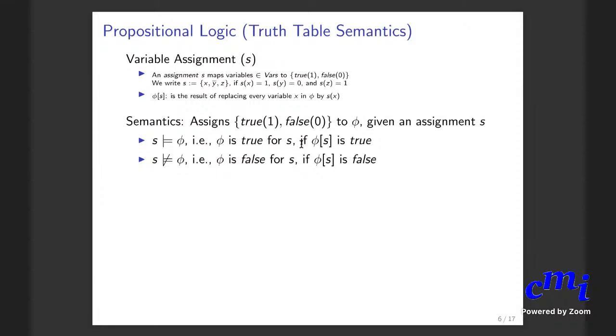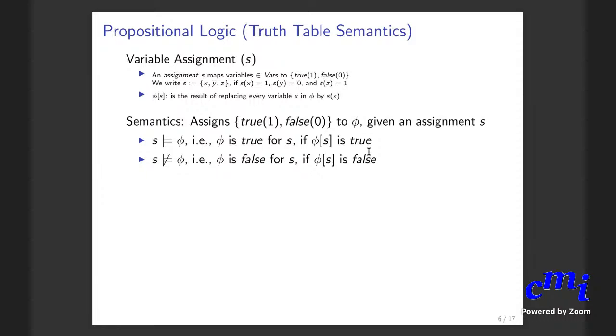Whereas here, another way to define it is to take the formula, substitute the constants 1 and 0, and then apply the previous rules on that substituted formula.